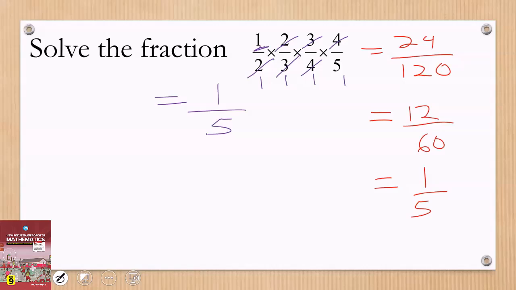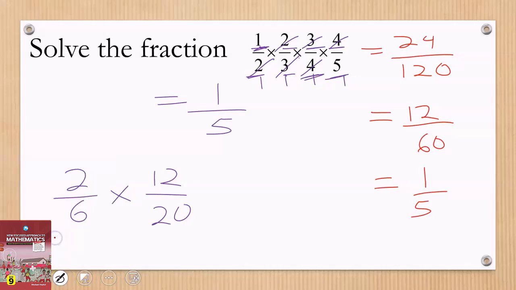Split the whole thing into 2, so that I'll do 1 times 2 here, which is 2, over 2 times 3, which is 6. Then 3 times 4 here is 12, divided by 4 times 5 is 20. I can reduce this one by doing vertical division and let 2 divide itself 1, divide here 3, so that I have 1 over 3 there.